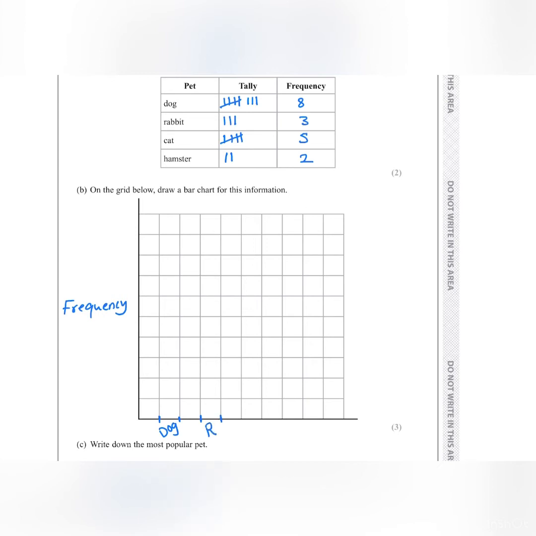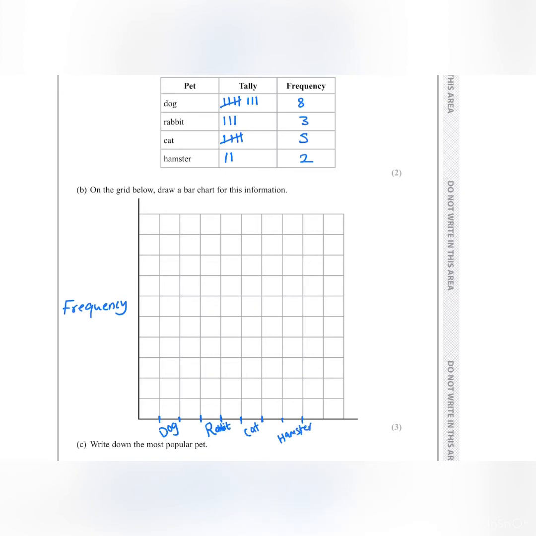I'm just going to put R here. And just making sure if you are going to leave a gap, make sure they are consistent gaps. Cat. I'm just going to put that rabbit in as well. And the next one is going to be hamster.